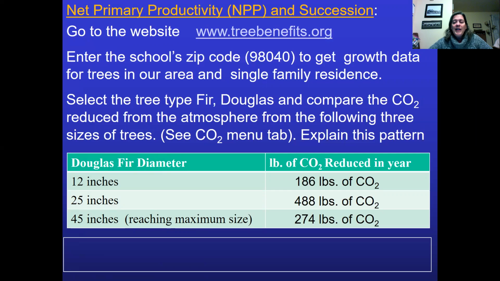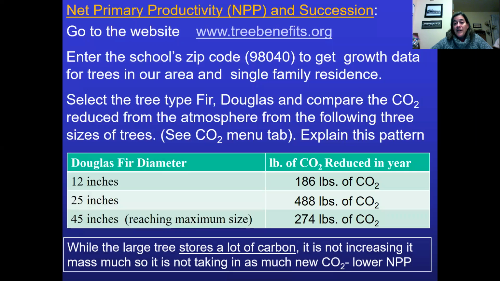And the answer is no, not really. The small tree is not very big yet, so it's not going to be pulling a lot of carbon dioxide out of the atmosphere. But the big tree is kind of done growing. So while it's actually storing a lot of carbon in all that biomass of the huge tree, the tree that's going to pull the most carbon out of the atmosphere is going to be the one that's most rapidly growing. It's going to be the one that's adding the most biomass to itself. And so it's going to be that medium-sized tree.